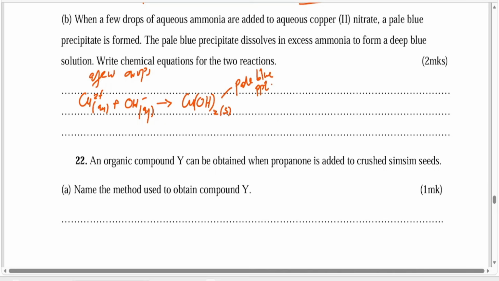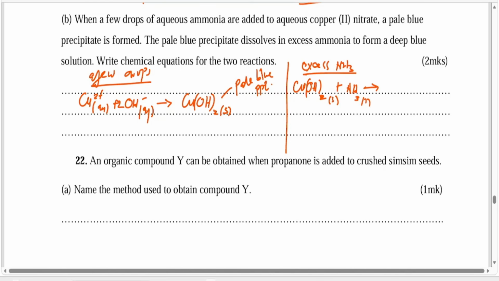Pale blue precipitate. Then I add excess ammonia, and of course, I balance here with 2. Excess ammonia will dissolve the precipitate, the copper 2 hydroxide, which is a solid. The ammonia is a liquid.